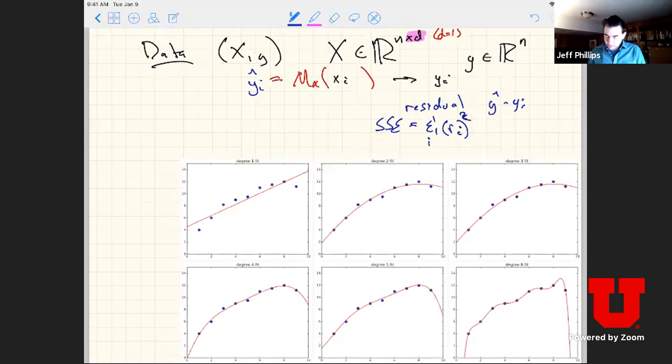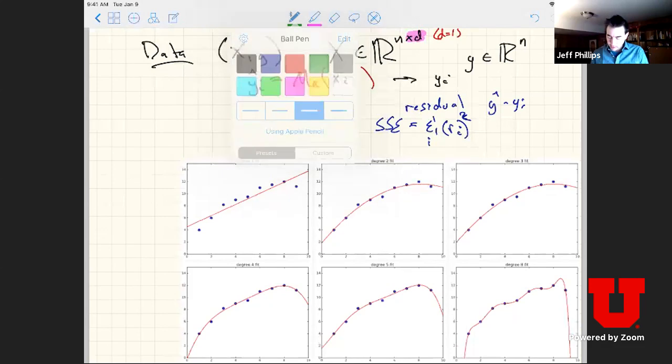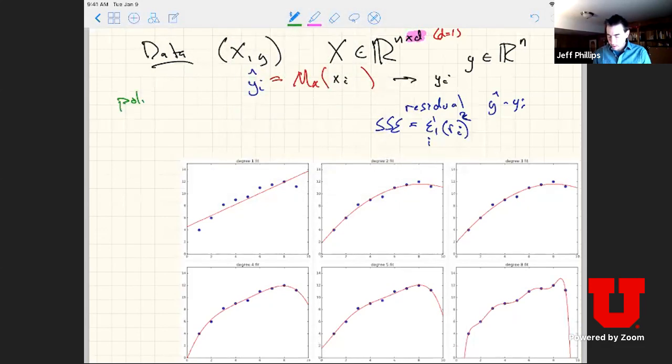And then we explained last lecture that instead of a linear model, we could try and build a polynomial model, okay?